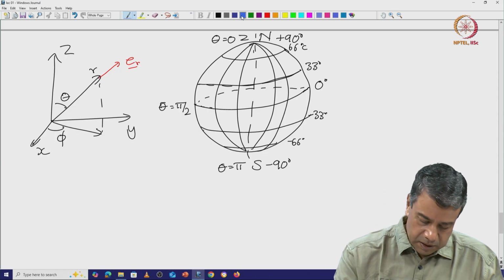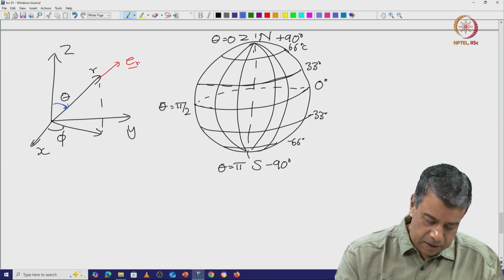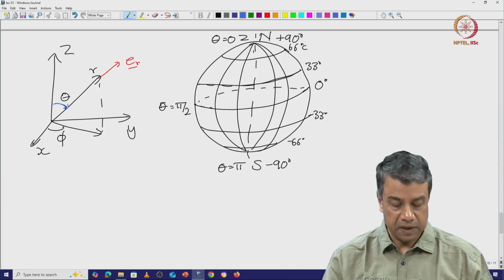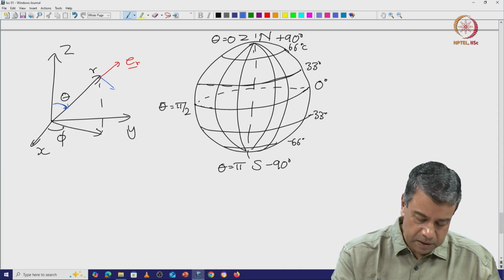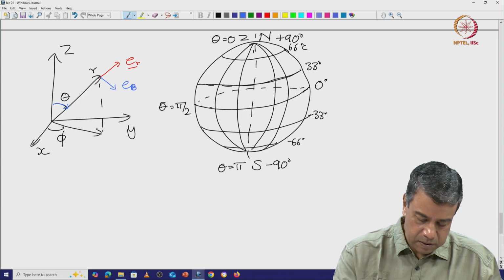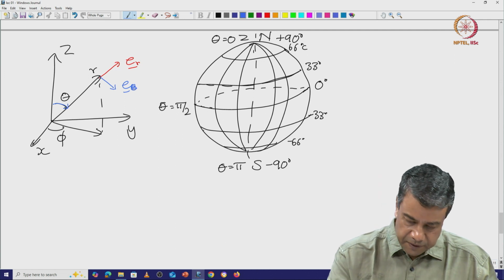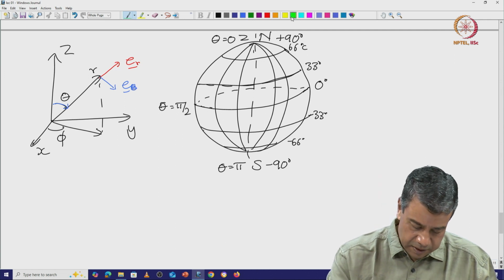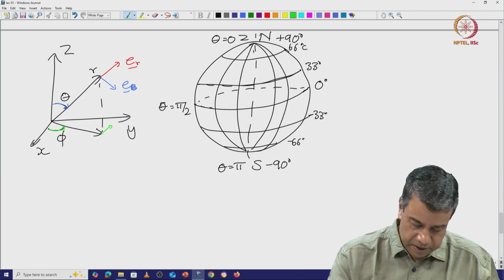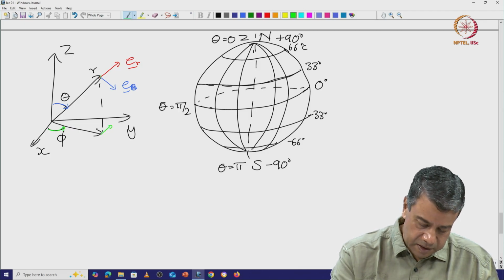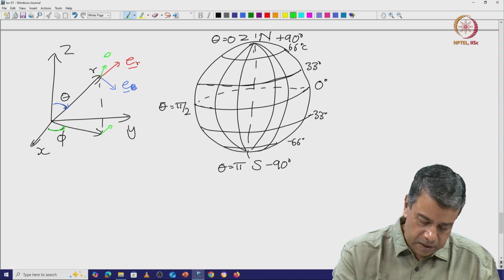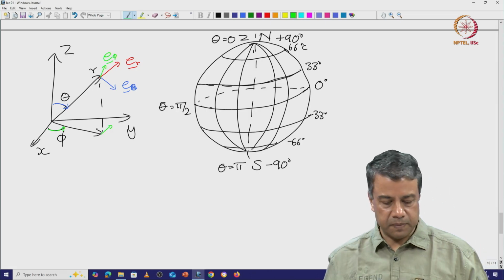The theta coordinate is increasing in this direction, therefore E theta has to be in this direction. And E phi is increasing in this direction, which means the unit vector in the phi direction is perpendicular to the plane.